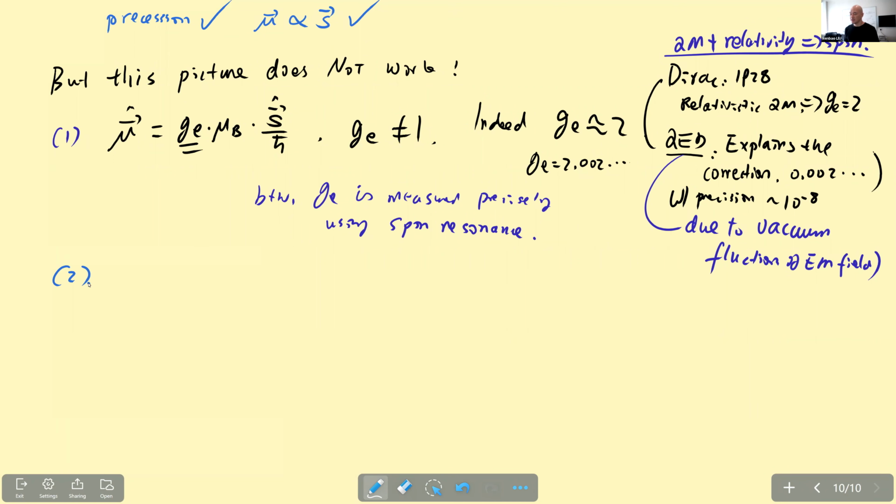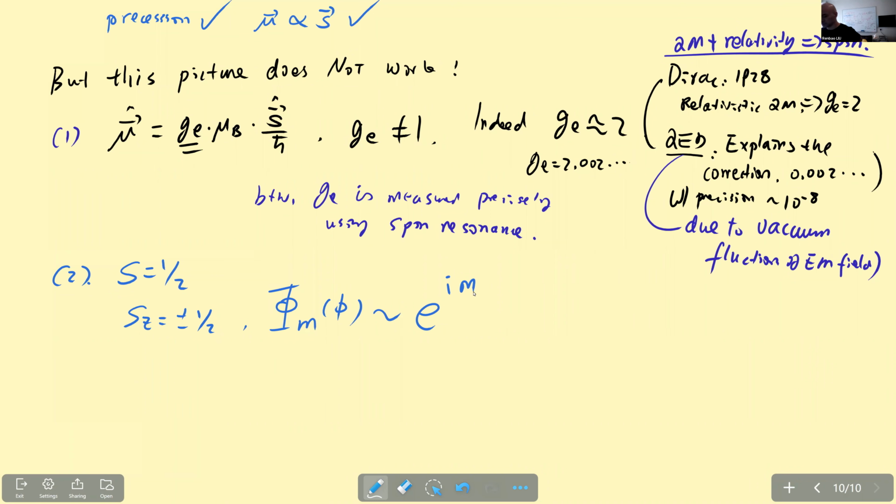Secondly, this spin equals a half. So that means you have no way to write down the wave function. Let me show you why. Suppose you have a wave function, and S_z just takes values plus or minus half, right? Suppose we have a wave function of phi, that will be e to the i m phi, that will be e to the i phi over 2.